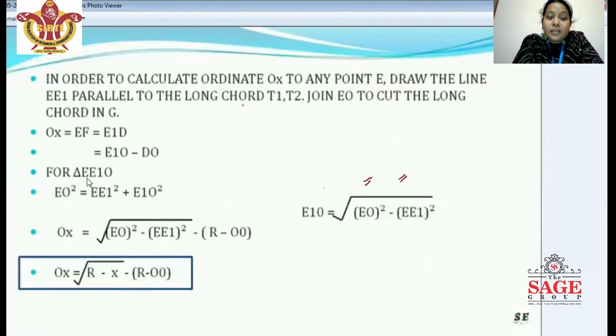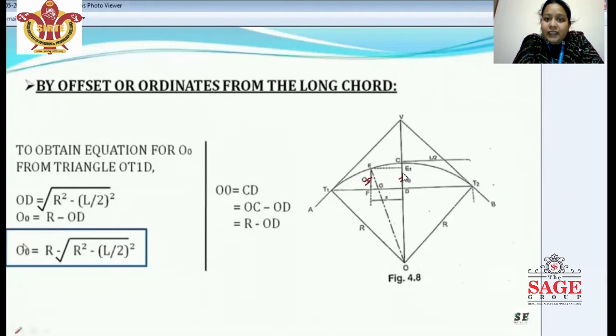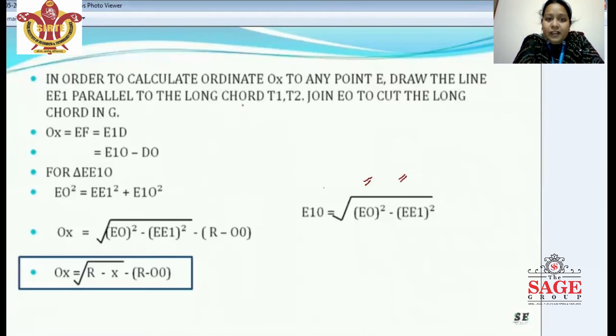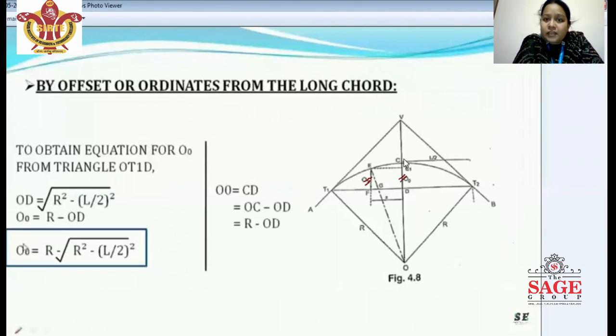From up, you can see there is a right angle triangle, E1 and O. This E1 and O right angle triangle is used to solve and find out the equation. Simple, we use the Pythagoras theorem. EO whole square equals EE1 square plus E1O whole square.